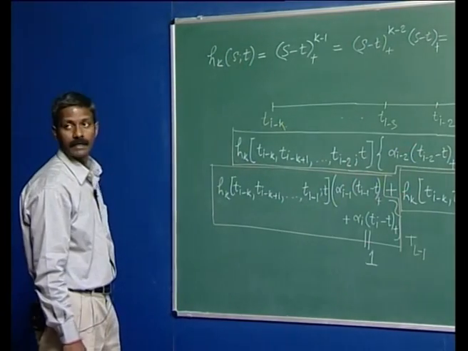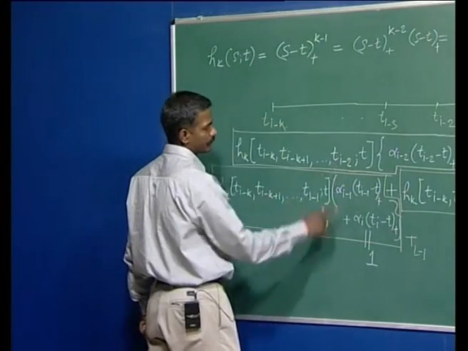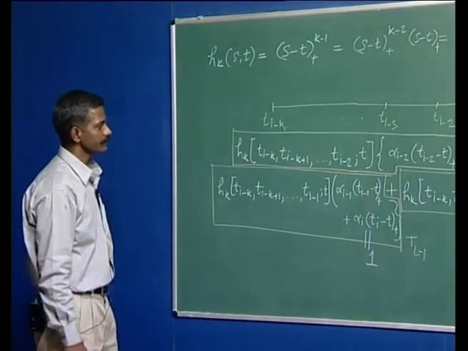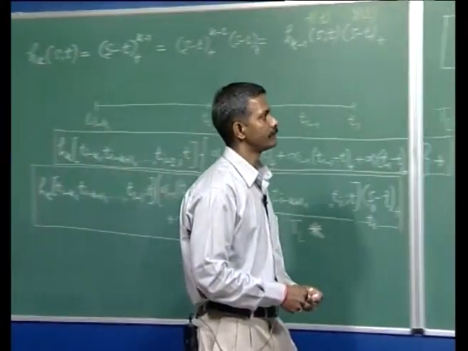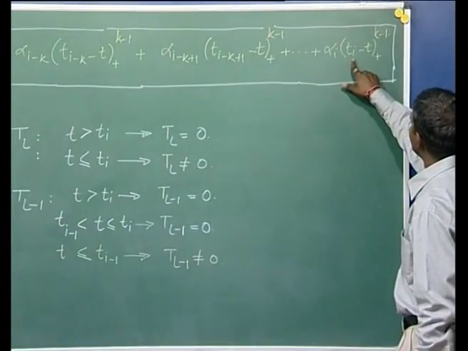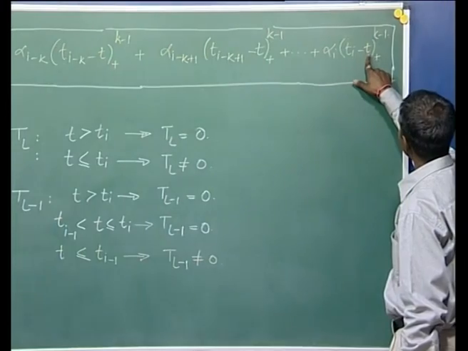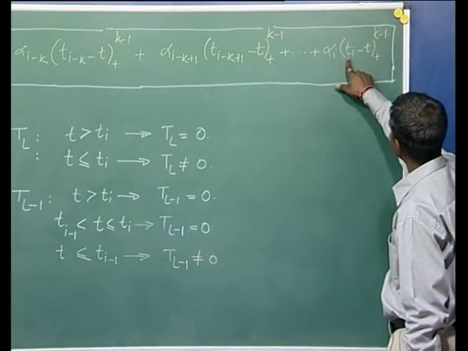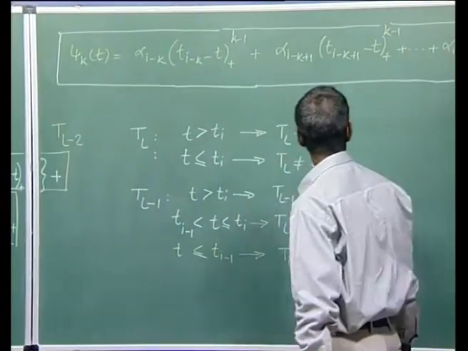What do you have to say for values of t greater than t_{i-2}? If we come back over here, and instead of i we place i minus 2, we'll see that for values of t greater than t_{i-2}, all these expressions will become 0.